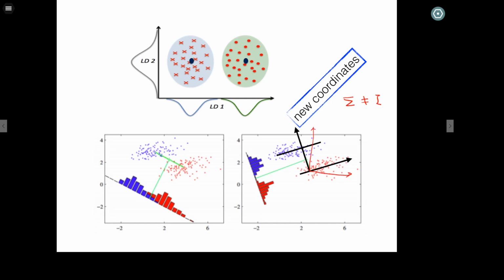We should rotate them to be the new black coordinates, and then you can see we probably also need to scale one of the coordinates to make the data clouds look like a sphere and symmetric, and then do our projection. So this direction is the right direction to project.